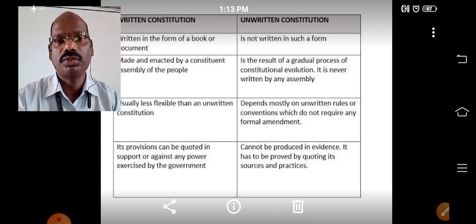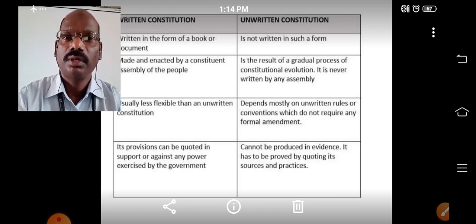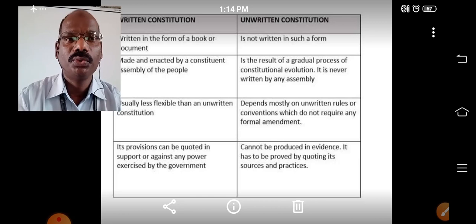But an unwritten constitution is not in written form and is not adopted by any assembly. It is only constitutional evolution. Then it is flexible, possible to change.